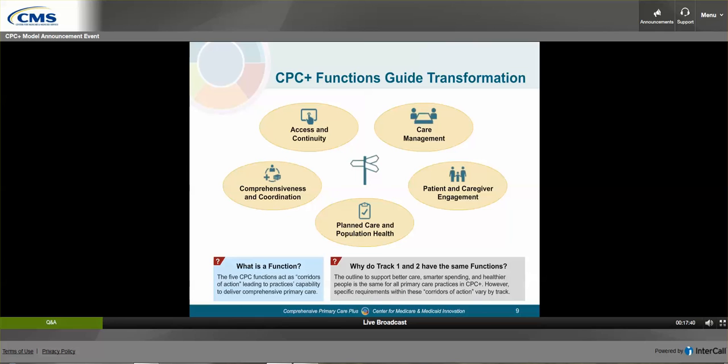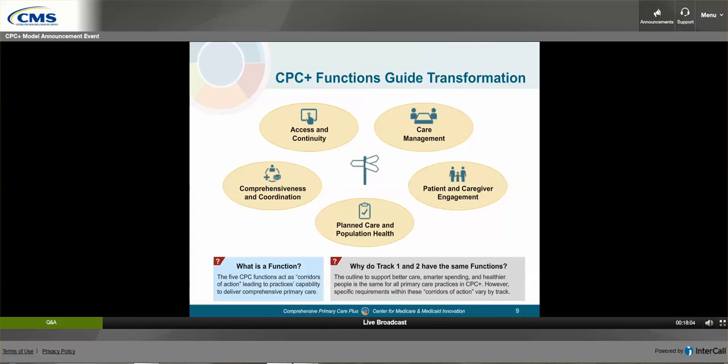What we mean by function is truly a corridor of action, and it's what leads the practices into a capability to deliver comprehensive primary care. There are 5 functions, which you can see here: access and continuity, care management, patient and caregiver engagement, planned care and population health, comprehensiveness and coordination.